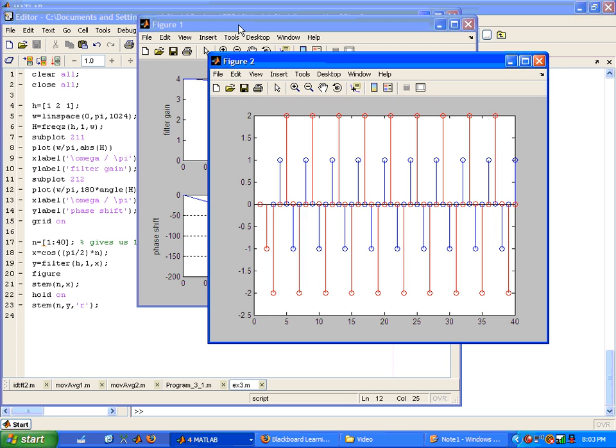Remember we had 4 samples per period, and our phase shift was 90 degrees, which is a quarter of a period. So we therefore expect that the red samples should be delayed from the blue samples by a quarter of 4, which is 1 sample. And in fact, you can see that that's exactly what you have. The red and the blue are shifted by 1 sample. So it works out exactly.